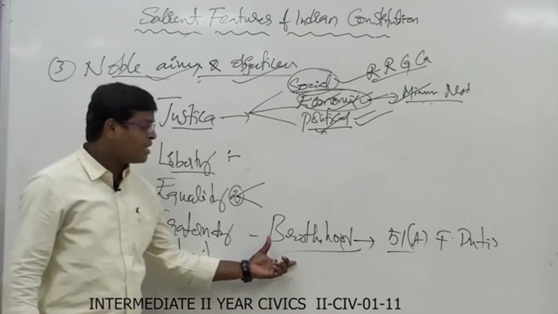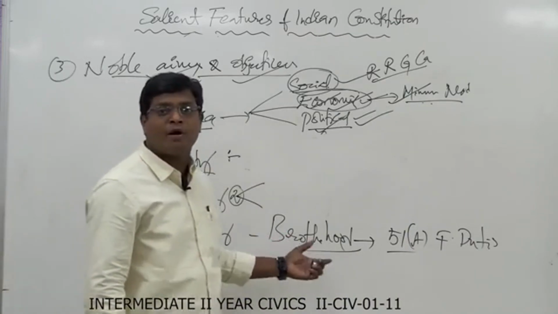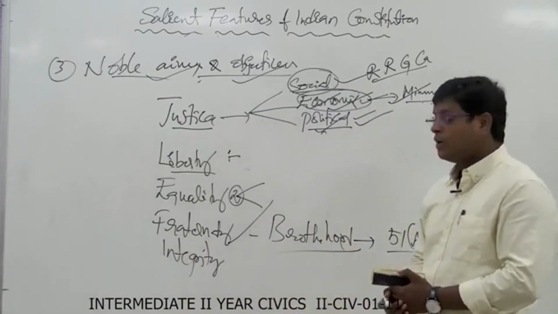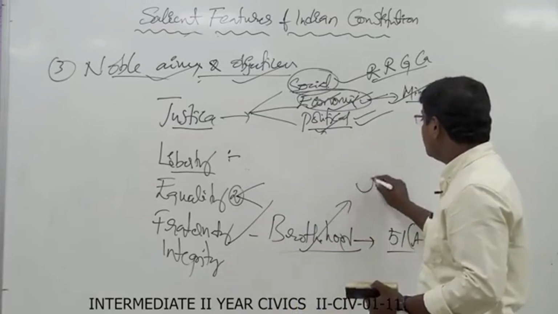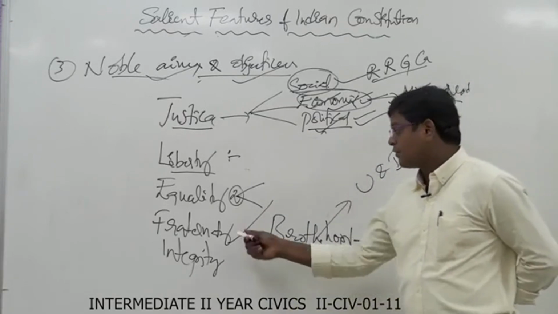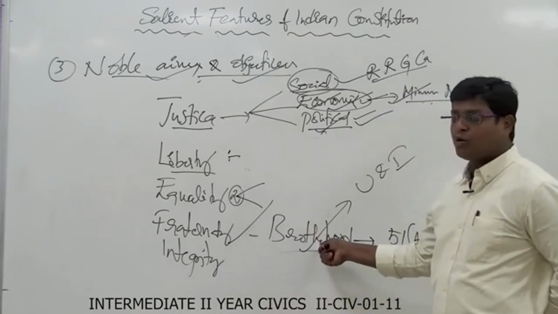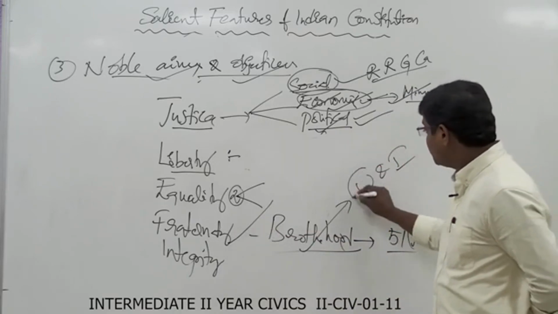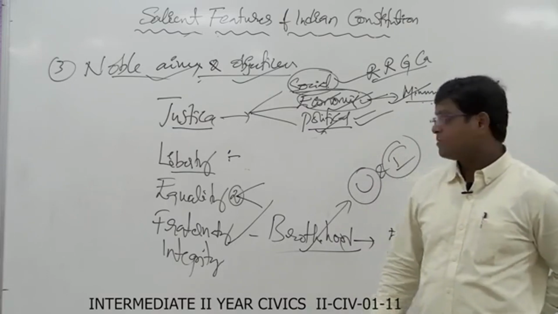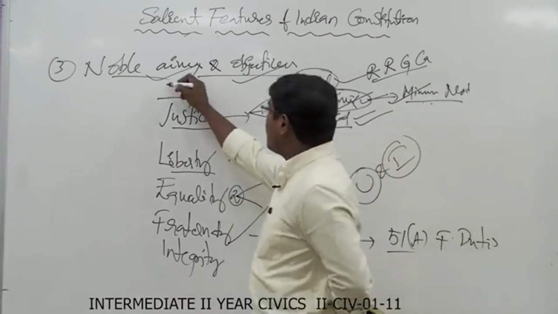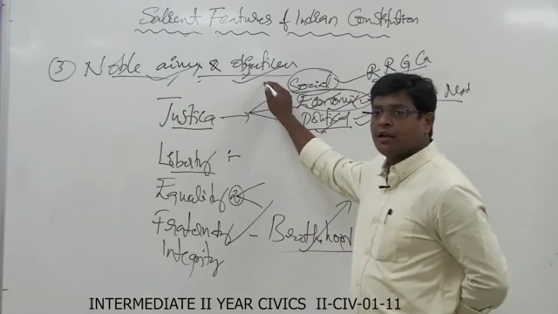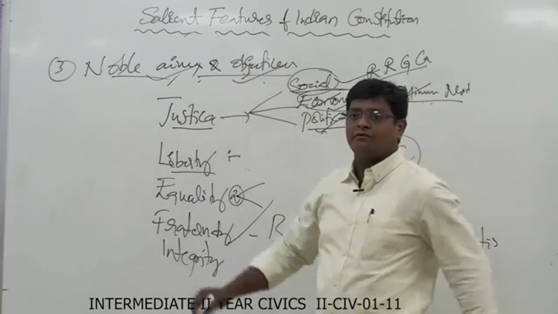That means the state shall promote brotherhood among the people of India. This is called fraternity. So it promotes unity and integrity among the people of India. So these are the noble aims and objectives of the Indian Constitution as a salient feature.